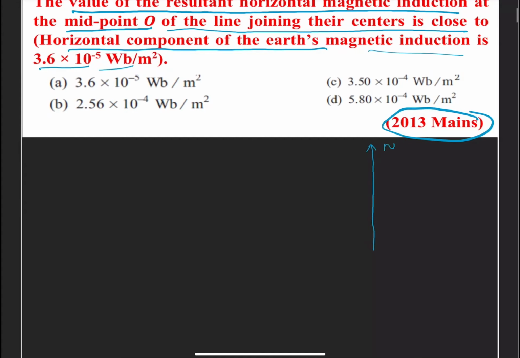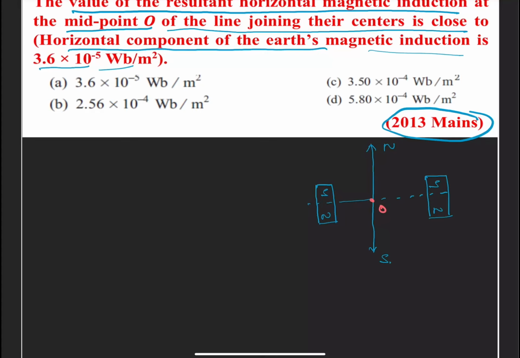So this is our north and this will be our south, and we have these magnets, the first magnet and second magnet, and we are going to have this as south north as well as south and north, and the midpoint, let us suppose, is given as O. So in this case, we are going to find out what will be the magnetic field at the midpoint O between the two magnets.